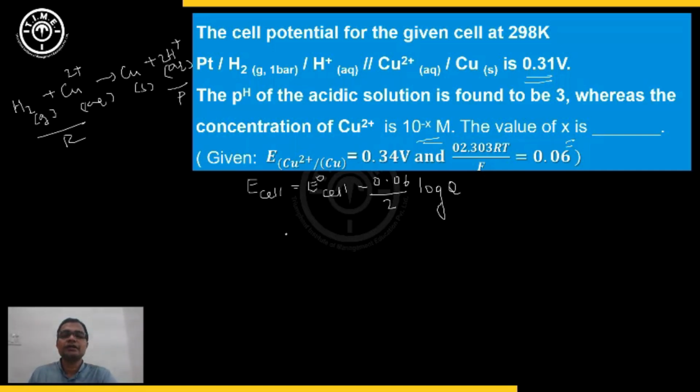Now you have to apply this. What is the cell potential of this cell here? That is 0.31. So 0.31 is equal to E naught cell, whose value you have to calculate. This is the anode, this is the cathode. So what will you get here? E naught cell is equal to E naught reduction potential of the cathode minus E naught reduction potential of the anode. The copper electrode potential value given here is 0.34 volts.